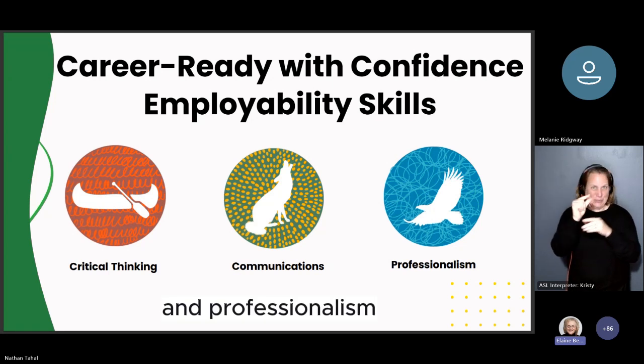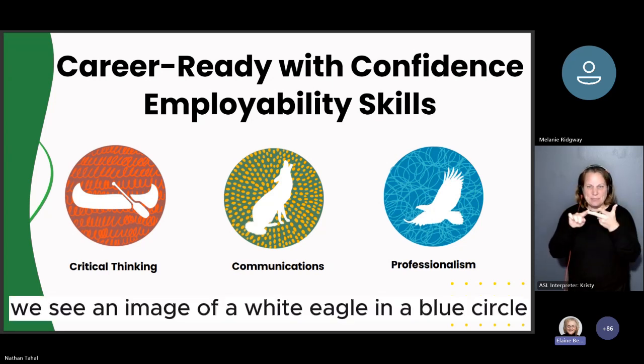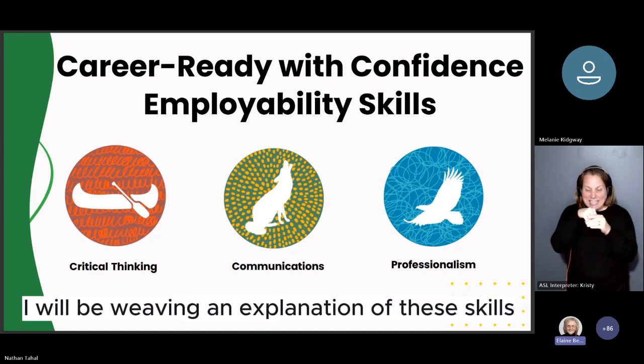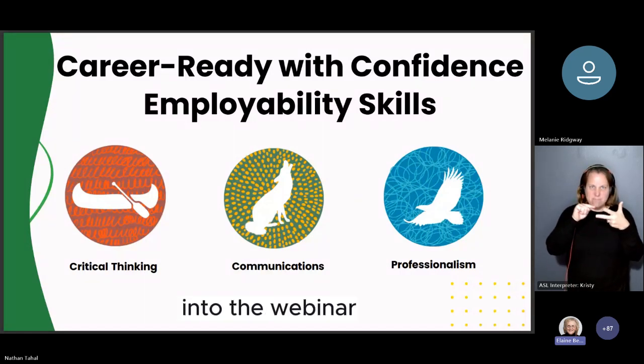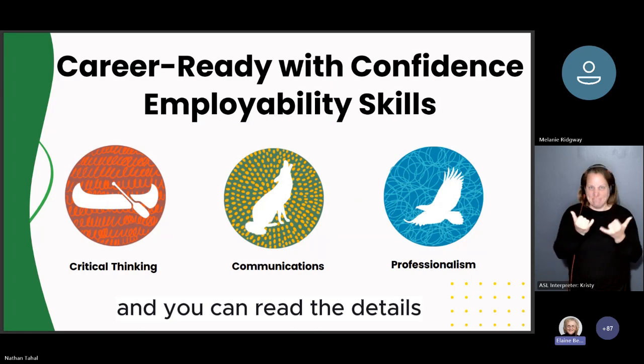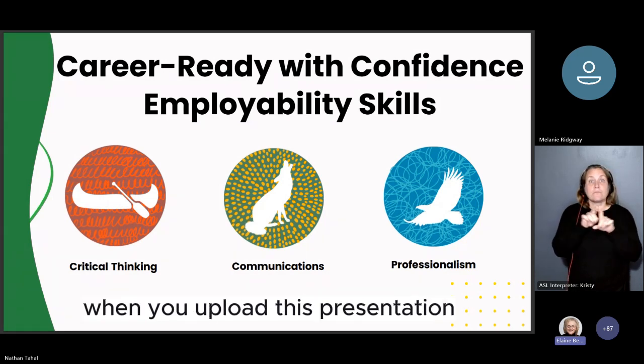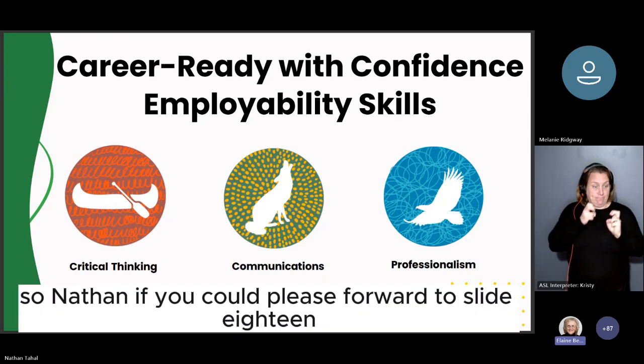And professionalism, we see an image of a white eagle in a blue circle. I will be weaving an explanation of these skills into the webinar, and you can read the details when you upload this presentation. So Nathan, if you could please forward to slide 18.